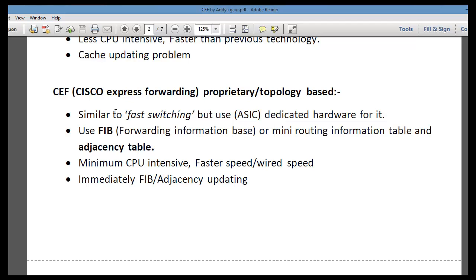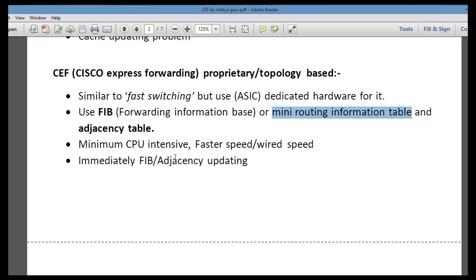So Cisco Express Forwarding actually maintains two components. One is known as FIB, which stands for Forwarding Information Base. It's similar to a mini routing table. The rest of the layer 2 addresses and layer 2 information is maintained by the adjacency table. This is minimally CPU intensive and has faster speed, sometimes also known as wire speed.